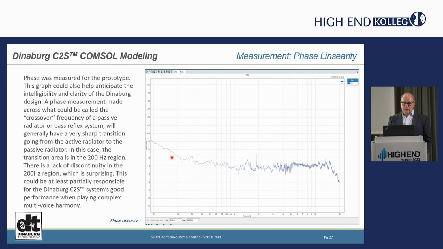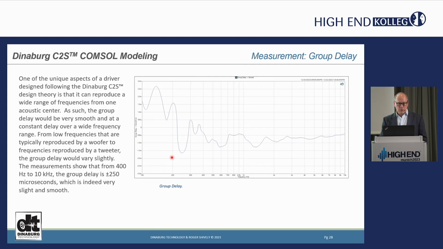And with the phase linearity, that somewhat explains why that was going to happen, because you didn't have any discontinuities in the phase relationship. And then if you look at group delay, which is also measured on this device, what we're looking for is a very smooth, constant delay over a wide frequency range.